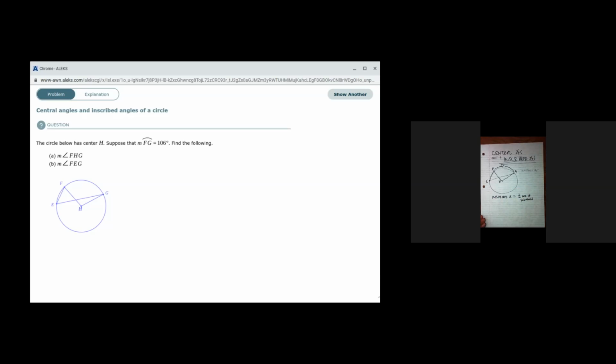So that means that angle FEG is going to be half of 106. What's half of 106? It's 53 degrees. Easy peasy, lemon squeezy. Let's do another one.